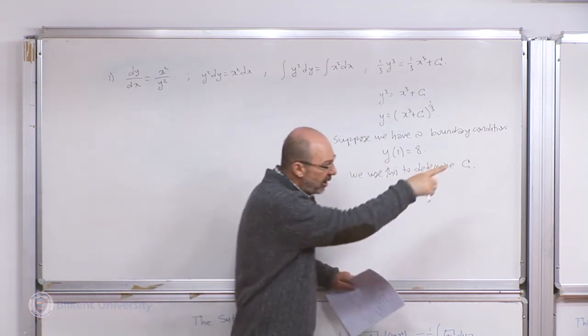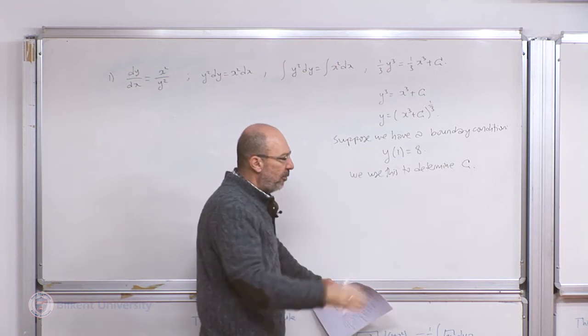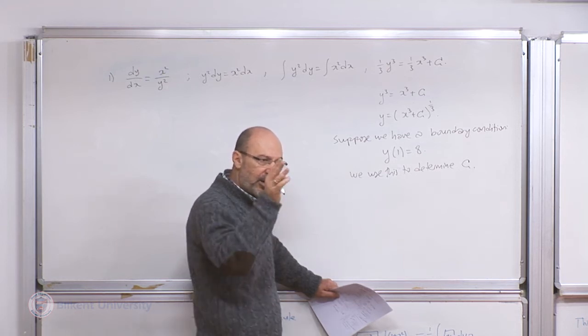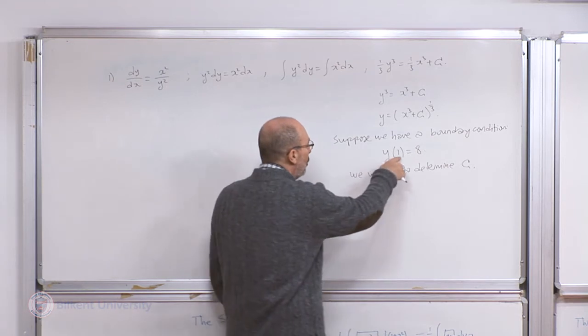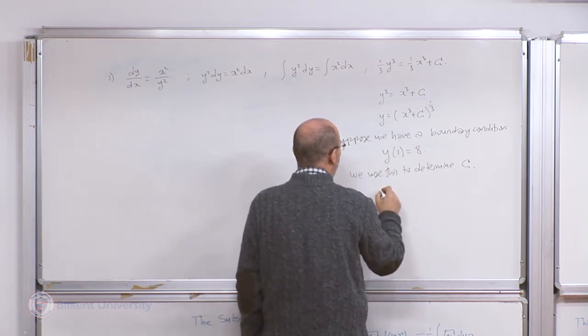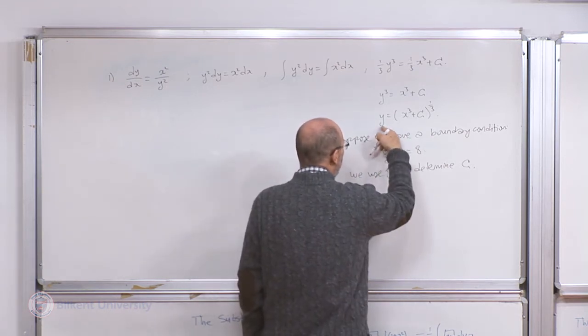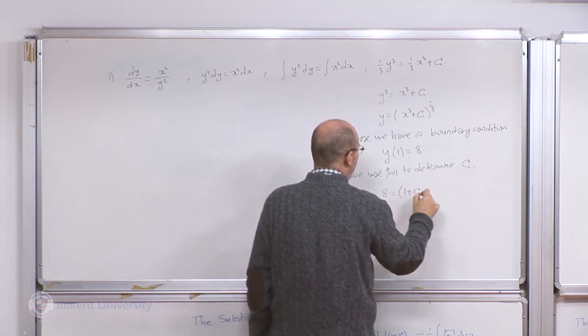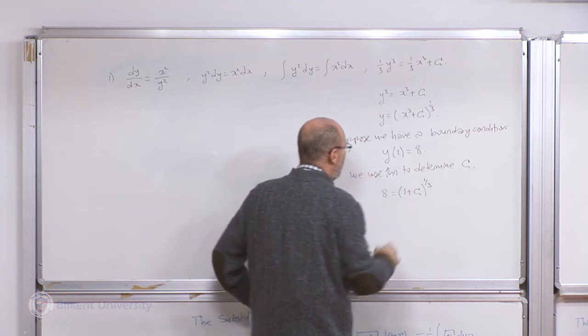Okay, so just like in that picture, the curve passes through every point if you move it around. So we want one particular point, and we want the curve that passes through that point. Okay, so we put this in here, we get x equals 1 gives 8 on this side. On this side we have (1 plus c) to the 1 over 3.